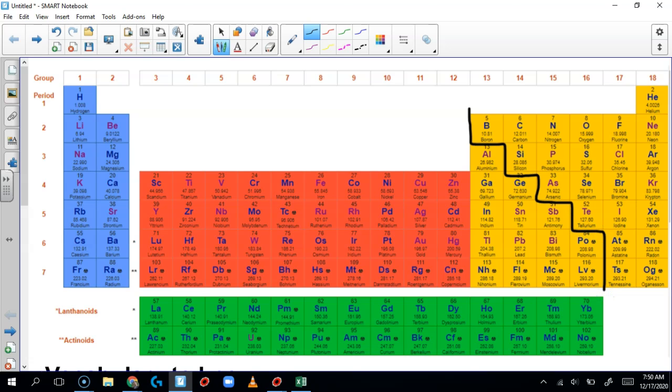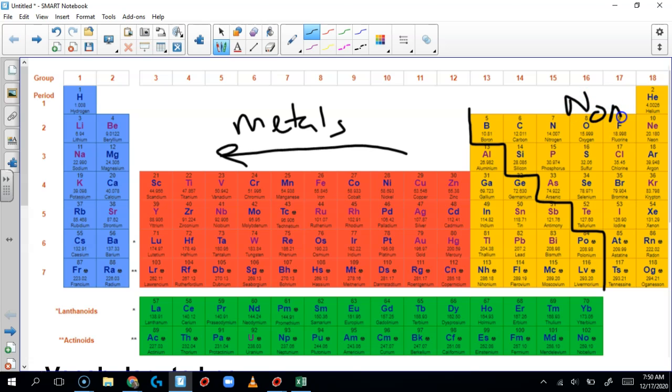It's really straightforward that anything on this side of the stair step is a metal. So a metal is anything to the left of the stair step, and these are nonmetals. And then anything that touches the stair step, these are called metalloids.